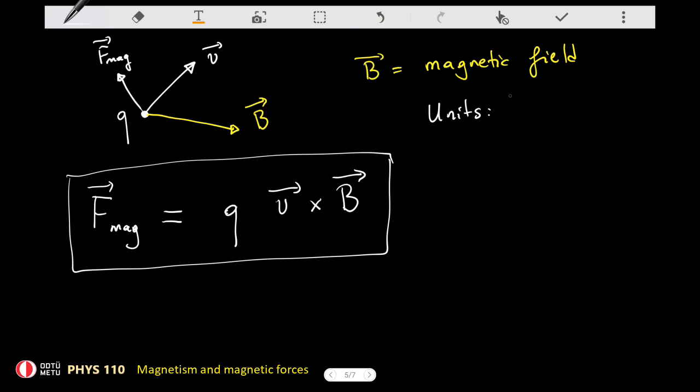You can see that in here it is newtons per coulomb per speed, so it is meters per second. So the units that I should use for expressing the magnetic field should be newton seconds per coulomb meter. Let's remember that coulombs per second is an ampere, so I can write this thing down as newtons divided by ampere meter.